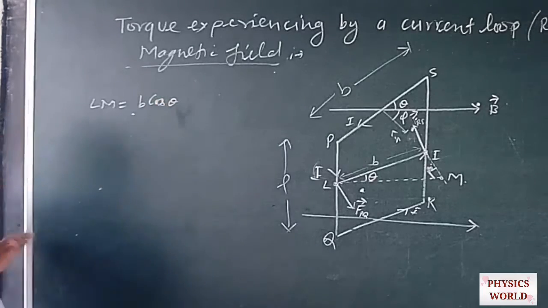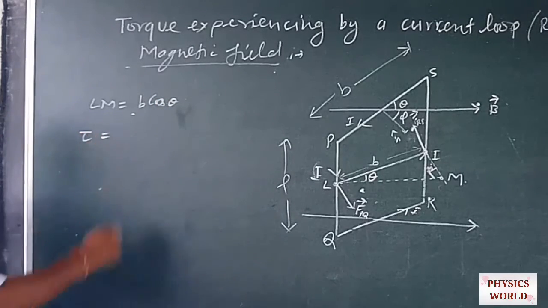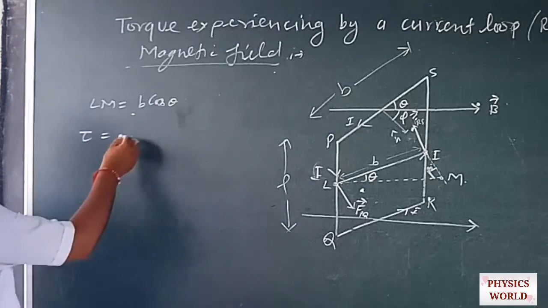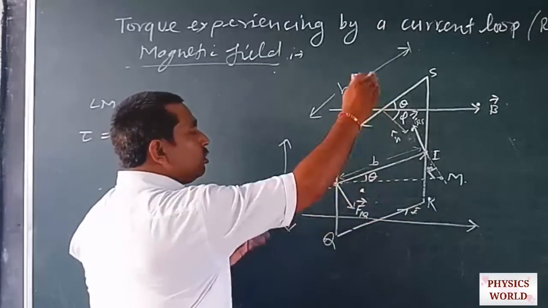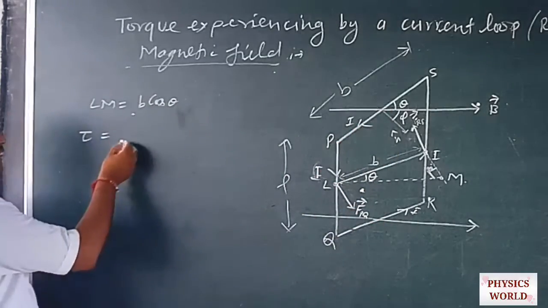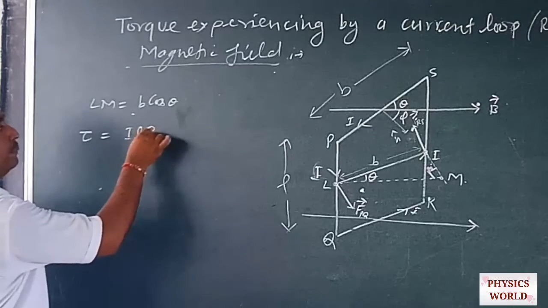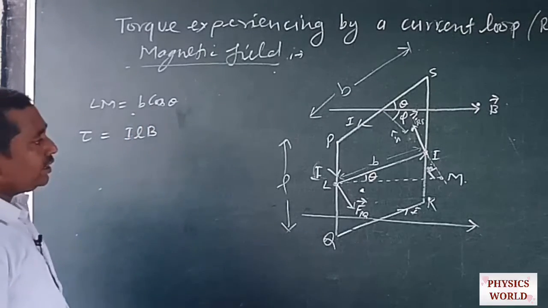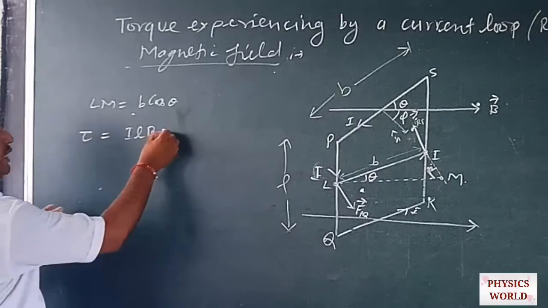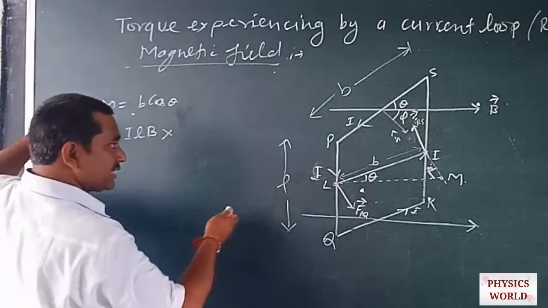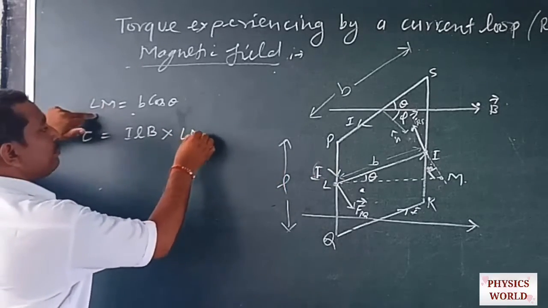So what will be the value of the torque in magnitude? This can be defined as the magnitude of the force experienced by either arm, that is ILB, times the perpendicular distance between these action lines of forces, that is LM.